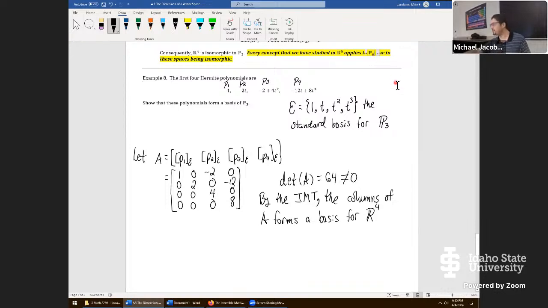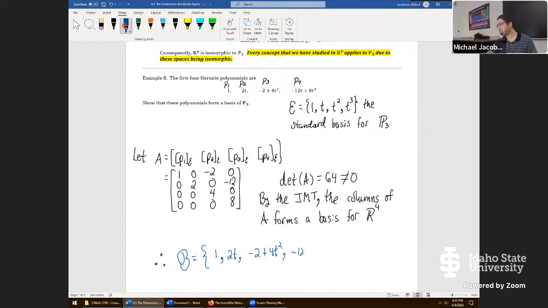I should have put a 3 right here. Sorry about that. Let's put the 3 in right now. There we go. That's the actual space we're working with. So because they're isomorphic, we can conclude right here and say, therefore, B, which is equal to 1, 2t, negative 2 plus 4t squared, negative 12t plus 8t cubed, is also a basis for P3.